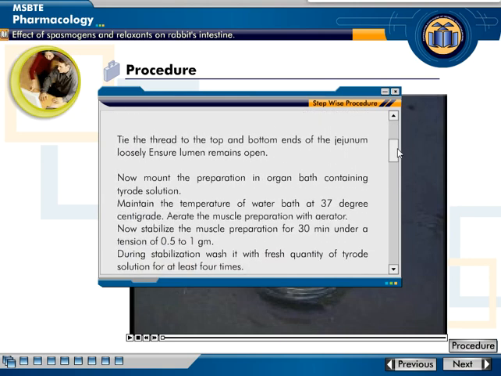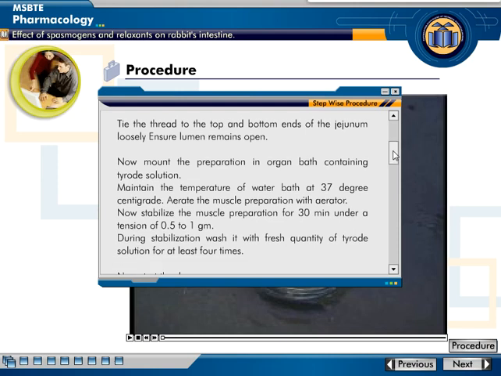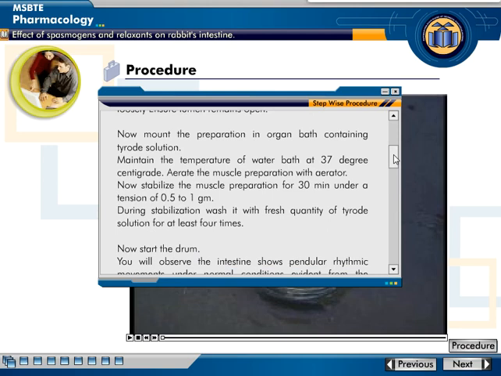Then next, tie the thread to top and bottom ends of jejunum loosely and ensure the lumen remains open. Now mount the preparation in organ bath containing Tyrode solution and maintain the temperature of water bath at 37 degrees centigrade, as well as aerate the muscle preparation with aerator.